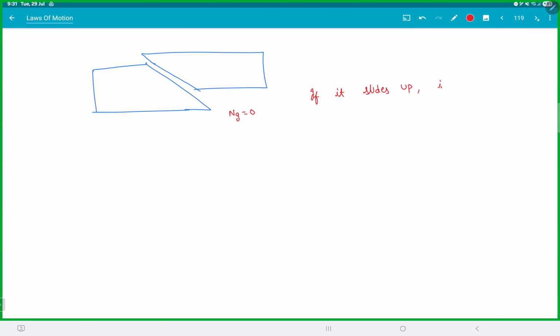So I'll turn the page again. If this guy lifts off the ground, the picture will look like this. That means here Ng becomes 0. If it slides up, it loses contact.